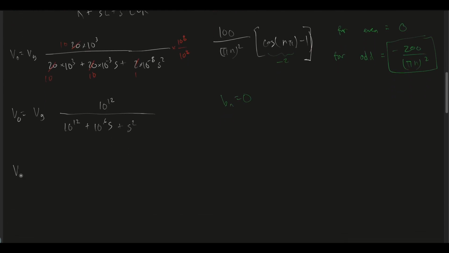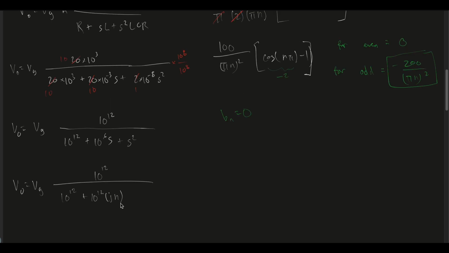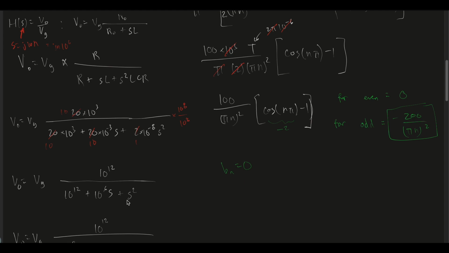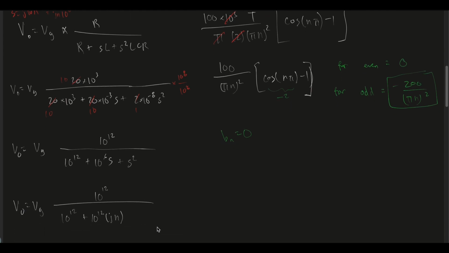So this is going to give us that our V naught is equal to Vg, and then we have 10 to the 12th on top and 10 to the 12th on the bottom. We are going to have a plus, combining our 10 to the 6ths, a 10 to the 12th times j times n. Next, we have a plus S squared. Well, we have a j in here, right? A j being squared, it's an imaginary number squared, and so that is going to give us a negative 1.